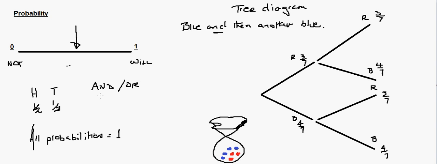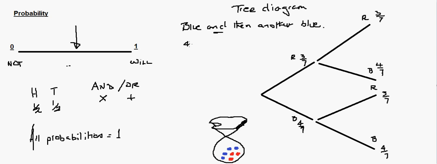Now if we see and, it tells us to multiply. If we see or, we add. Okay, so a blue and a blue, and says we multiply. So this I just use like a road map. So a blue on my first choice would be 4/7, and then a blue again would be 4/7.